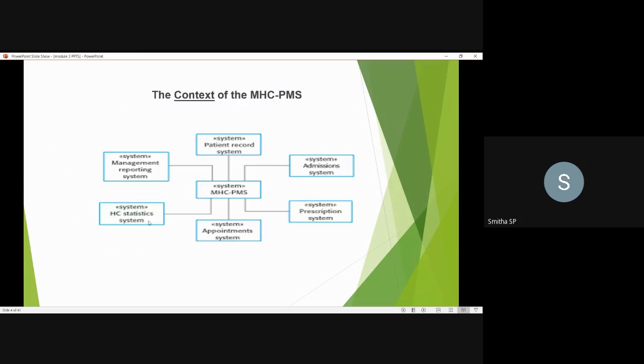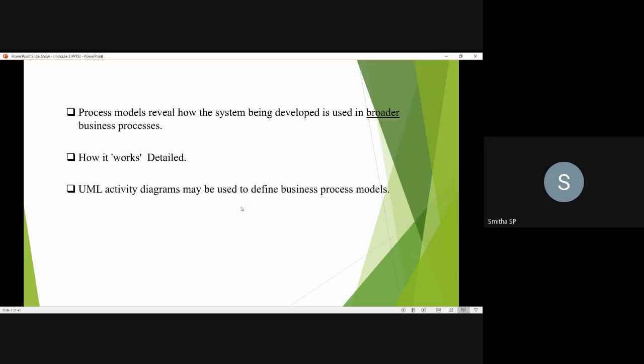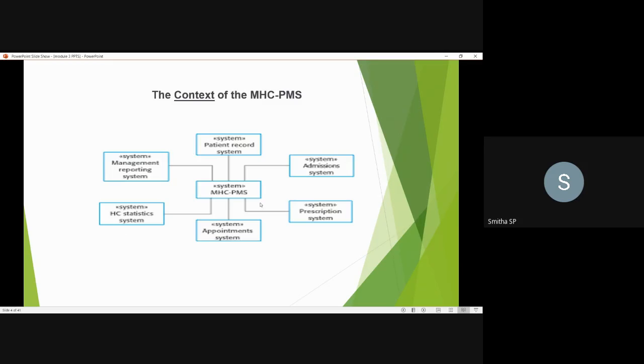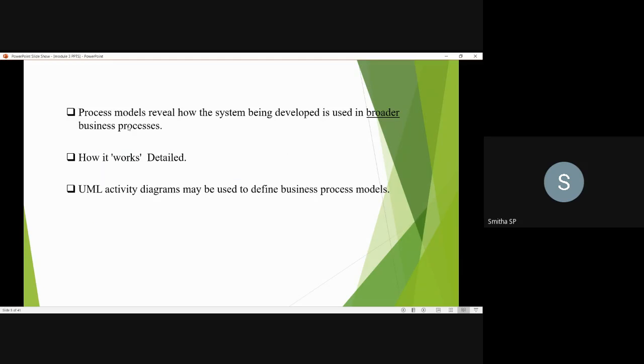Next we took the example of MHC-PMS, which has other automated systems in its environment. Then we learned that the context model is used with other business process models, and we discussed what a process model is and how it is useful.